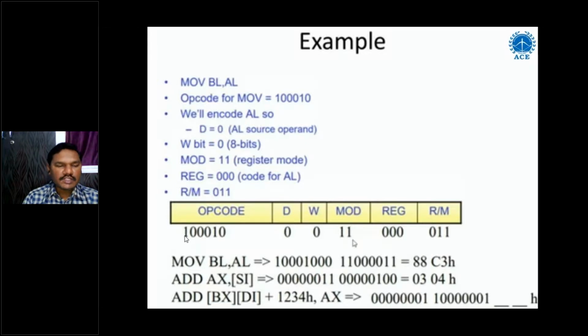How? For example, 1000 is 8, 1000 is 8, 1100 is 12, meaning C, and 0011 is 3. So this is equal to 88C3H. Like that, all instructions get converted from assembly level language into processor level or computer level code. The user can understand MOV BL, AL, but the computer cannot.